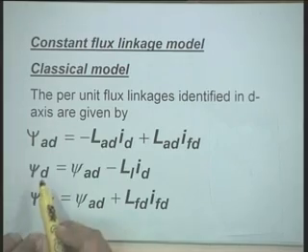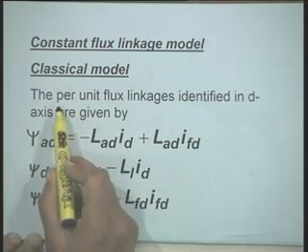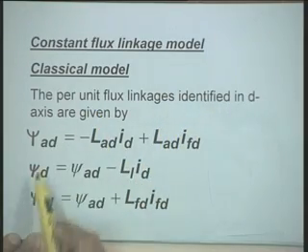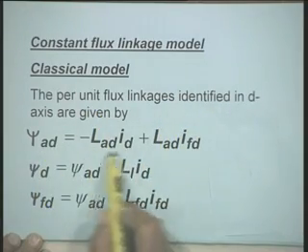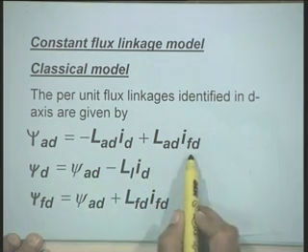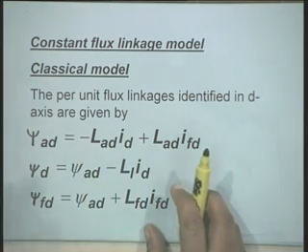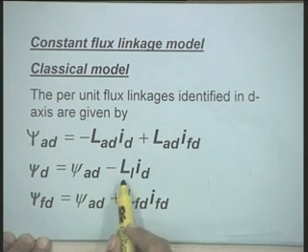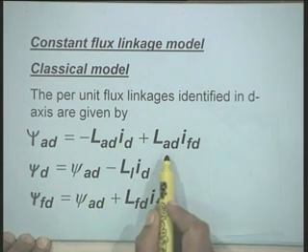Now, the steps involved are like this: you write down the per unit flux linkage in the d axis, psi_AD. You can just write psi_AD is equal to minus L_AD I_D plus L_AD I_FD. Here we are assuming the mutual inductance is the same, okay. Psi_D is equal to psi_AD minus L_1 I_D, okay.